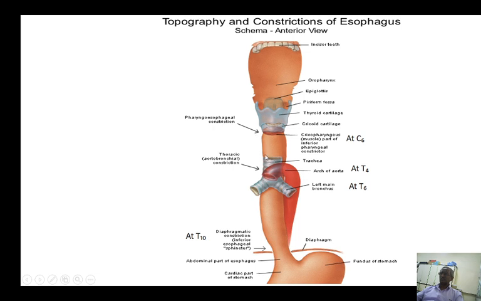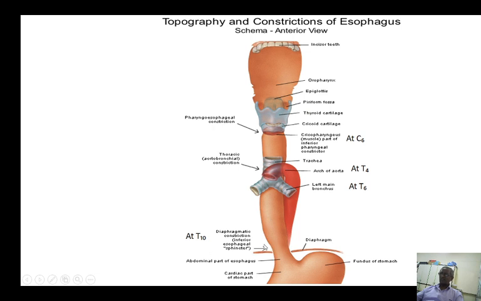Now the course of the esophagus: it is coming posterior to the artery and the trachea in the superior mediastinum. As it comes into the inferior mediastinum, the trachea ends by branching into left and right main bronchus. Then it is anterior and to the right of the descending aorta.